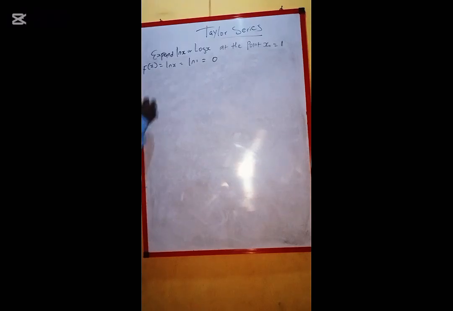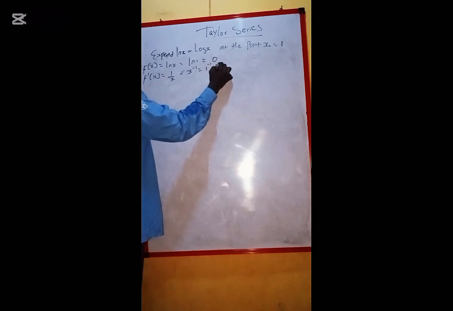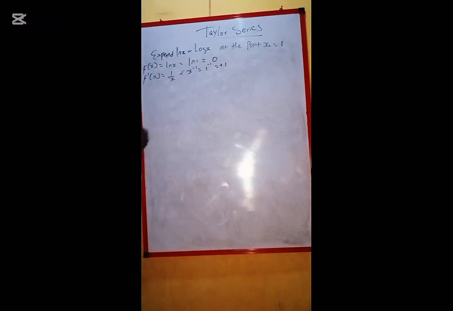Then our first derivative of ln x is what? 1 over x. Same, at x equals 1. So it will give us plus 1.